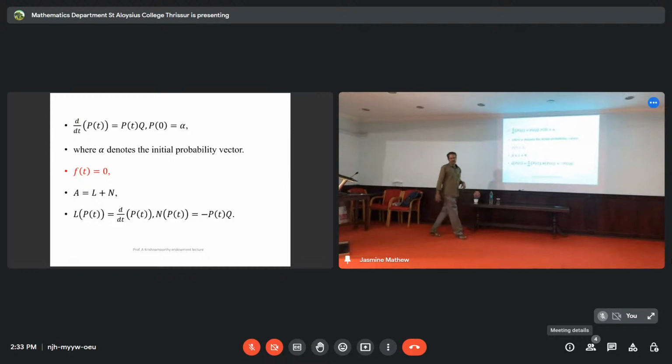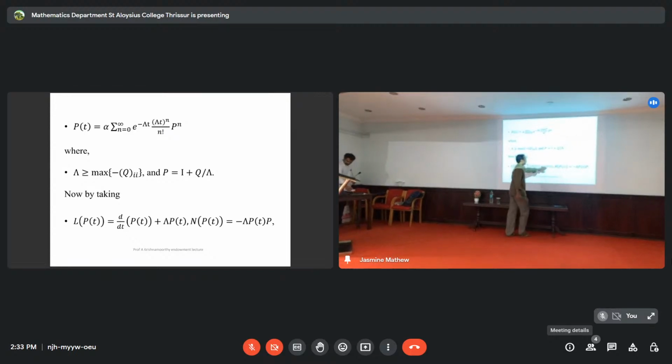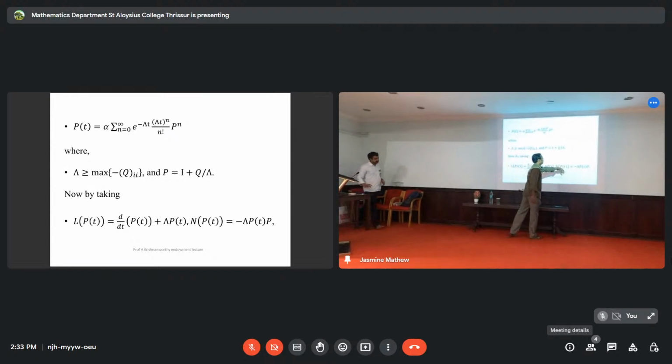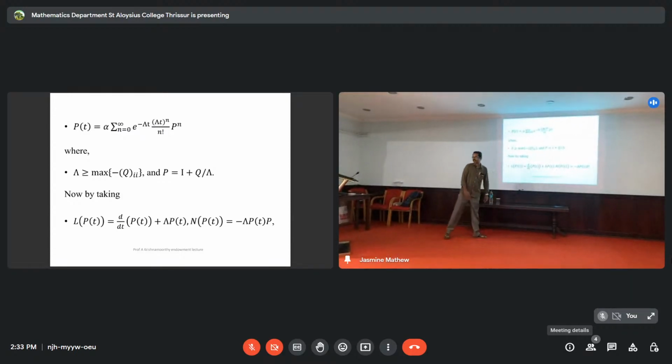Now we are taking an additional term. This one is the additional one, and here also there is a change in the definition. It is defined as minus lambda p(t) Q. Earlier it was a little bit different.